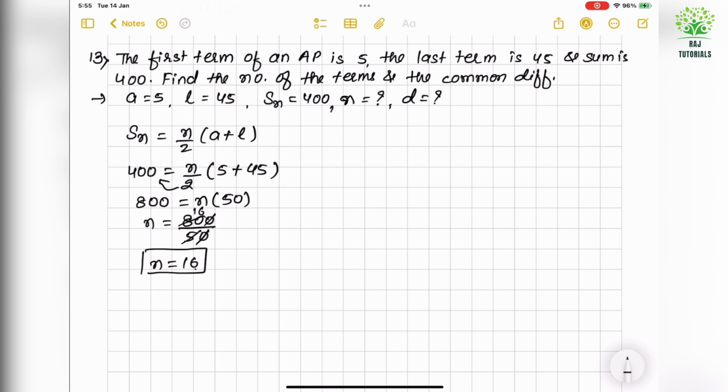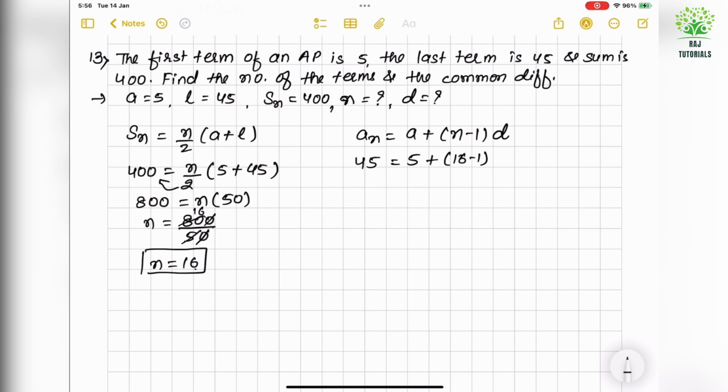Now, the next part is I want to find d. So an equal to a plus (n minus 1)d. Now, an is 45, that is the last term. a was 5 plus n we got 16. So in place of n I can write 16 minus 1 into d.